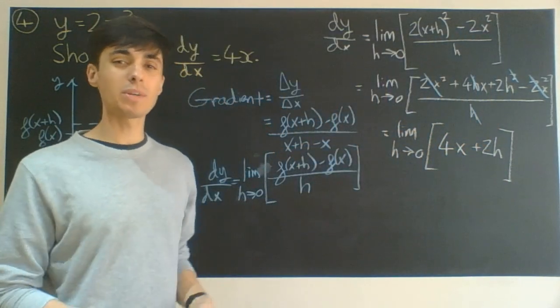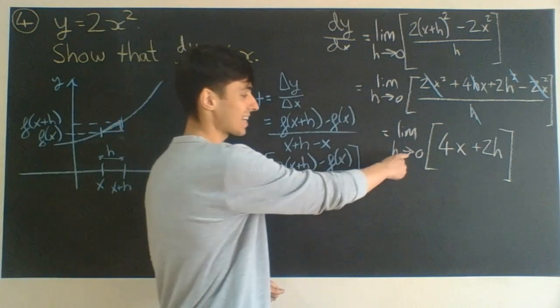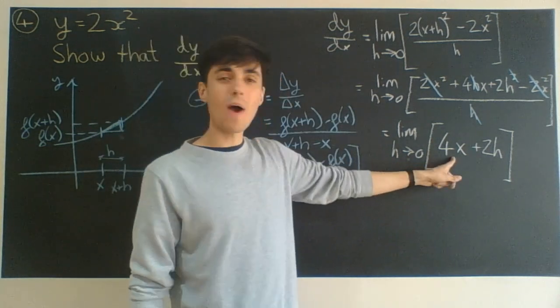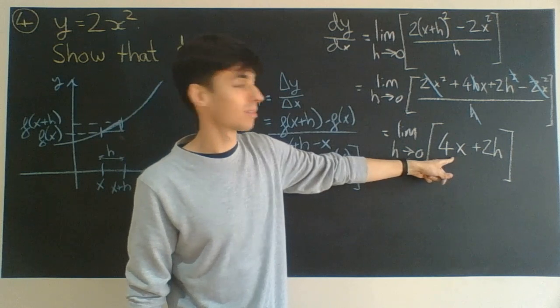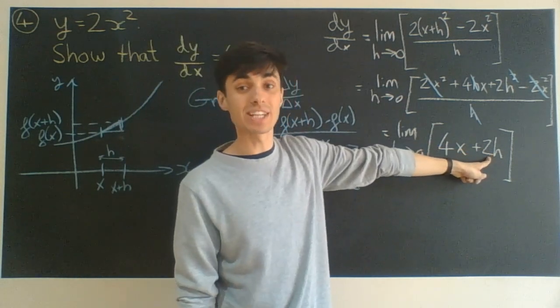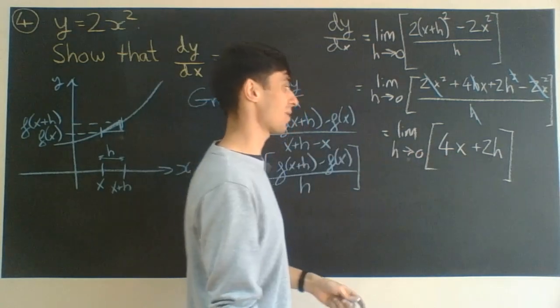Okay, well, this is where we should think about what our limit actually means. As h goes to 0 in this limit, 4x is not going to be affected by h going to 0. But this 2h is going to disappear. When h becomes 0, 2h also becomes 0.